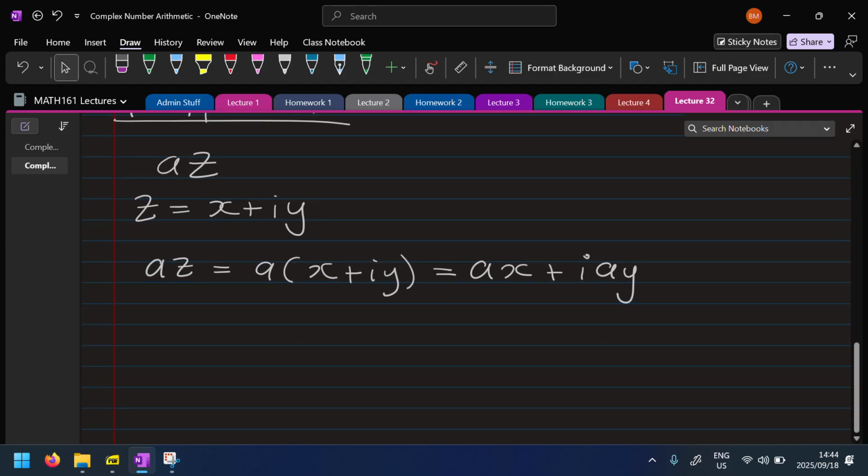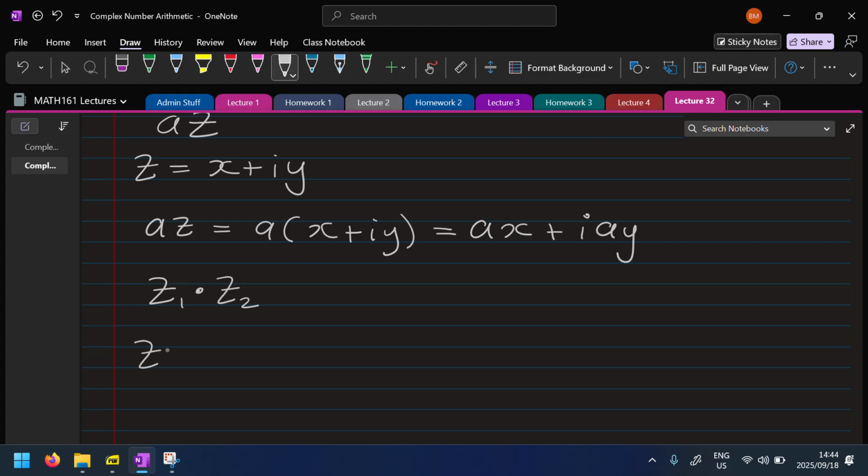Now, multiplication between two complex numbers is a bit more difficult. Let's have a look at that. We're looking at Z1 times Z2. I'll put a little dot there for the times, but after this we're just going to ignore that. Z1Z2 we take to be the product. Z1 is X1 plus iY1, Z2 is X2 plus iY2.